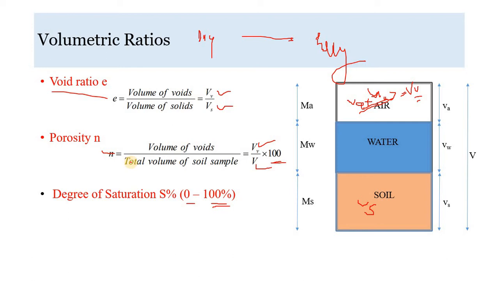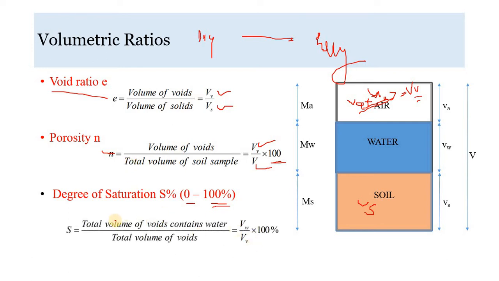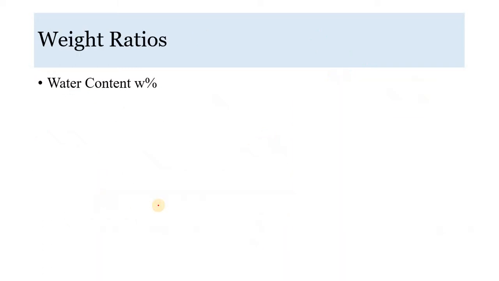The volume of water in the voids divided by the total volume of voids is known as the degree of saturation.